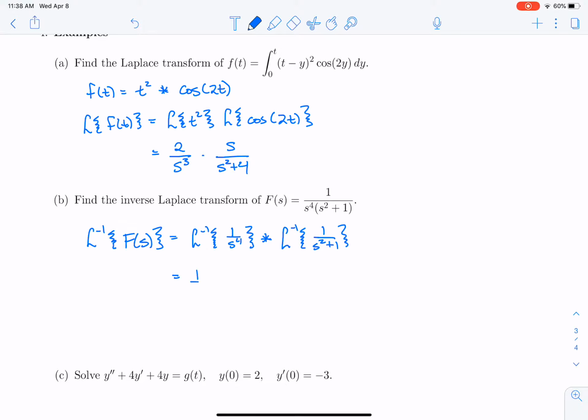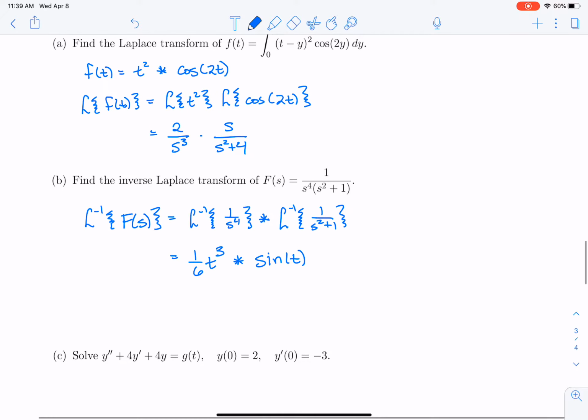Okay, so that's 1/6 t cubed star sine t. Well, what is that? Well, that's the integral from 0 to t of 1/6 times (t minus y) cubed sine of y dy. So I found the inverse Laplace transform of capital F without having to do anything like partial fractions.